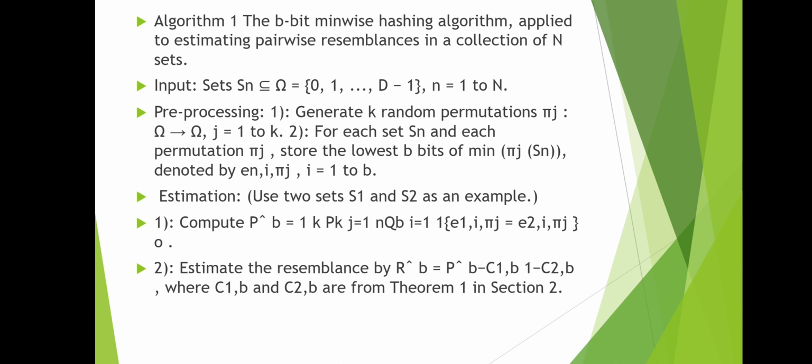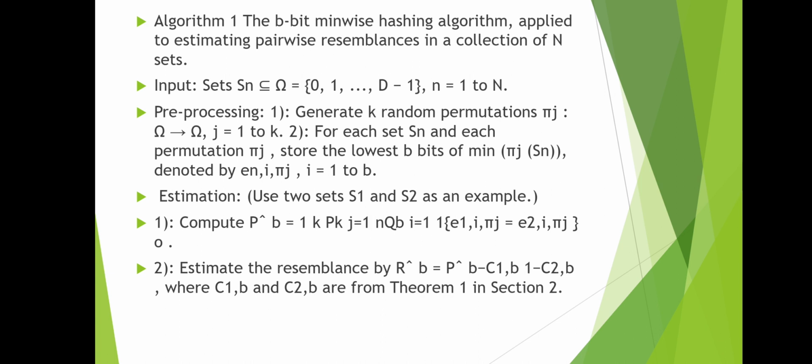Input: sets S n, a subset of omega equal to {0, 1, ..., D-1}, n equal to 1 to n. Pre-processing: generate k random permutations pi j of omega, j equal to 1 to k. For each set S n and each permutation pi j, store the lowest b bits of min pi j of S n, denoted by e n, i of pi j, i equal to 1 to b.